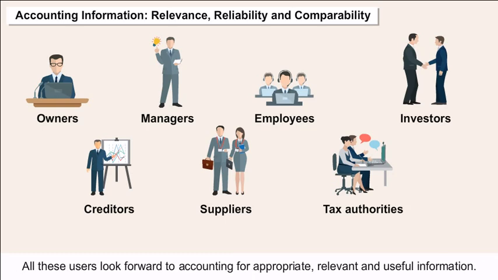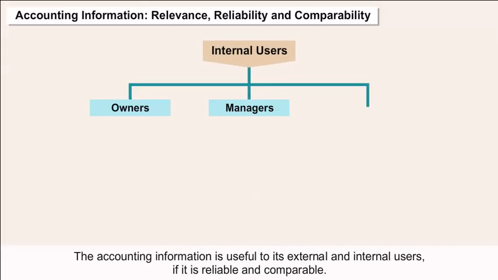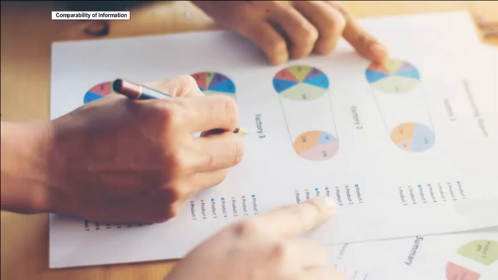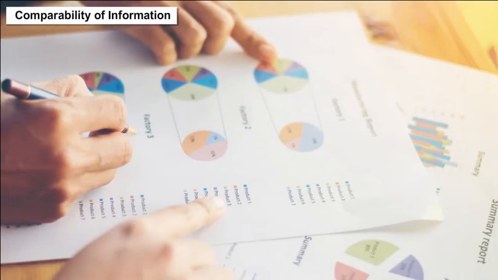All these users look forward to accounting for appropriate, relevant, and useful information. The accounting information is useful to its external and internal users if it is reliable and comparable. Comparability of information.